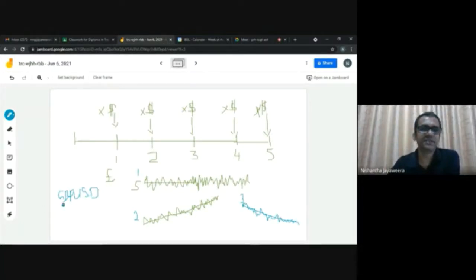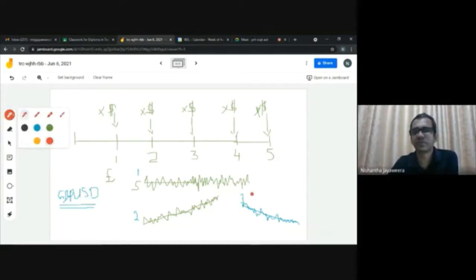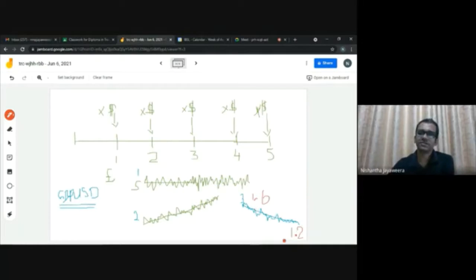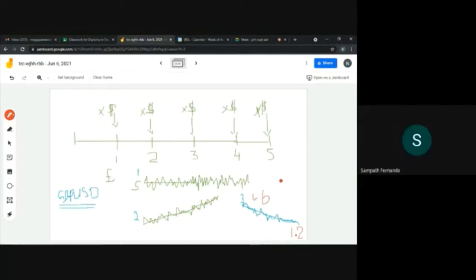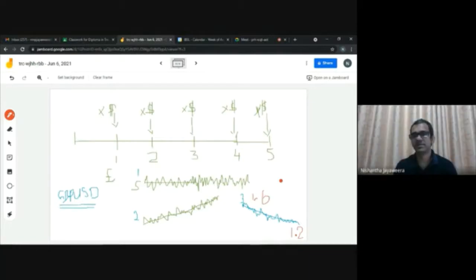Remember, the exchange rate is GBP USD. In the third one, if I put at the beginning, the exchange rate is 1.6. After 5 years, it is 1.2. Why has this become a risk to the UK firm? What has happened?